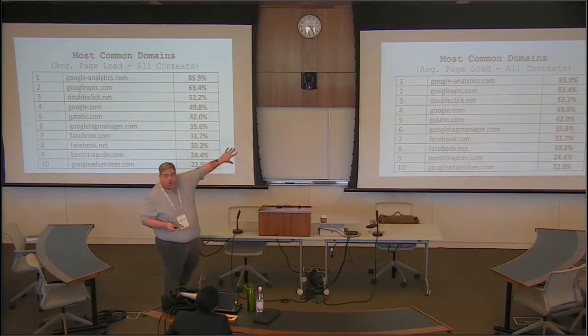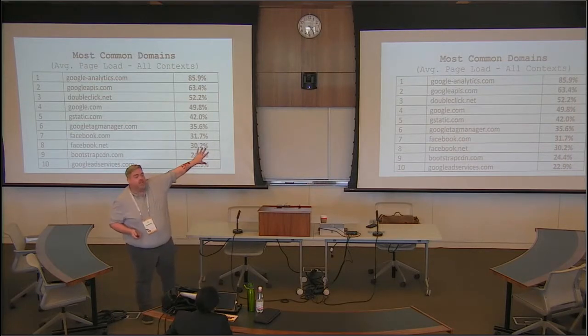Sorry, I didn't specify that: this is not taking into account what's tracking and what's not. This is all third party. So 85.9% Google Analytics of all types of requests.